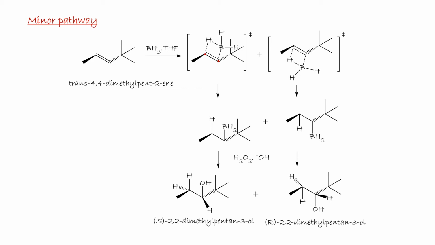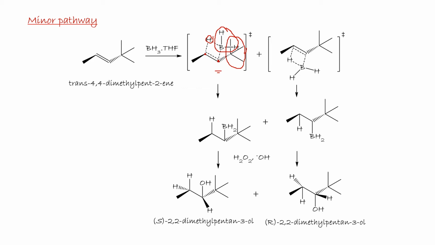But as we mentioned before, there are two factors affecting the regioselectivity and stereoselectivity of the final product: electronic and steric. Now the BH2 is much bulkier than hydrogen, and in here we have a tertiary butyl, so this transition state will be unstable due to the steric effect.